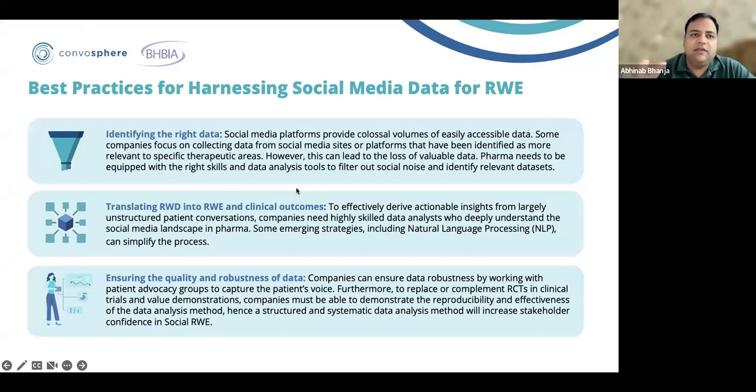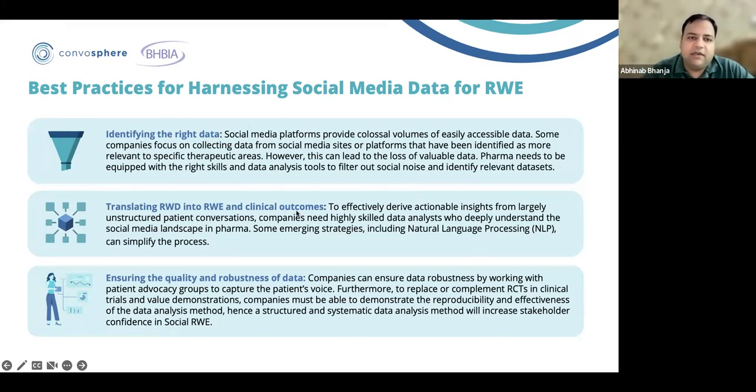The wider it is, the more robust we consider the data. Pharma also needs to be equipped with the right skill sets and data analysis tools to collect and filter the noise, because most of the time studies or outcomes get lost in the overall data set. But it's really important to get deeper and filter out the relevant data set which actually matters.